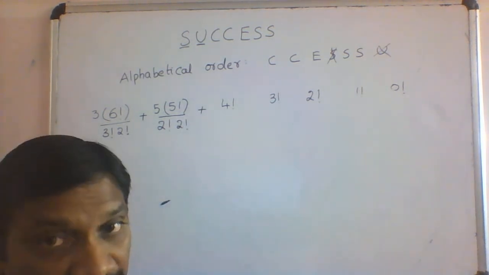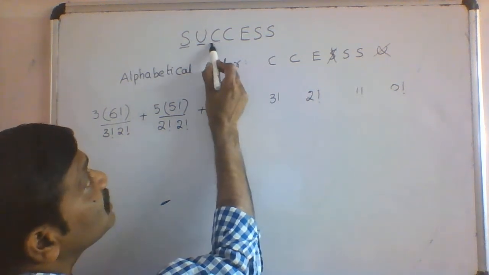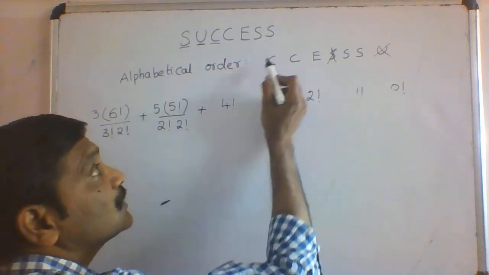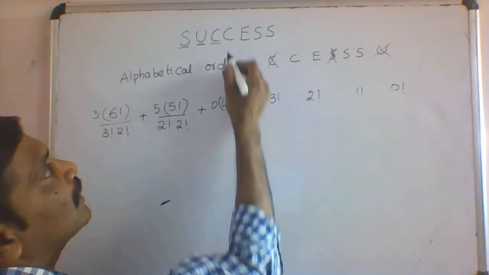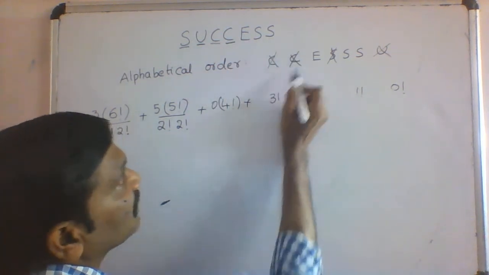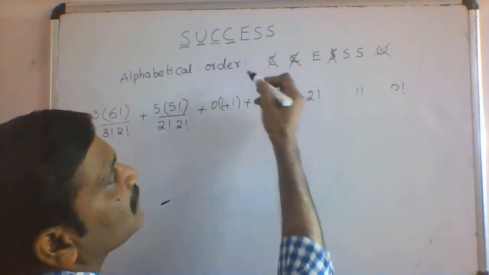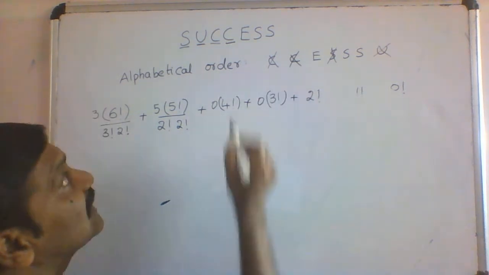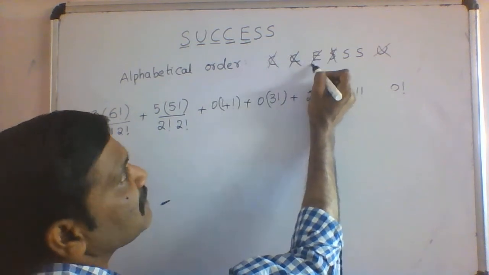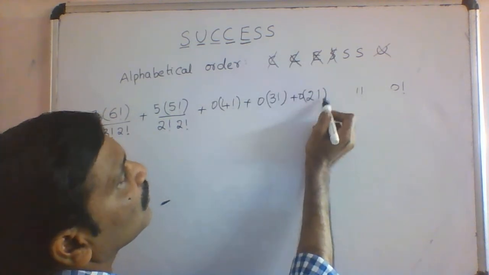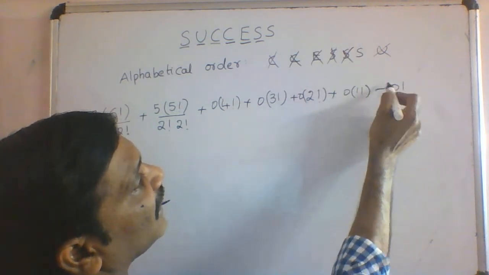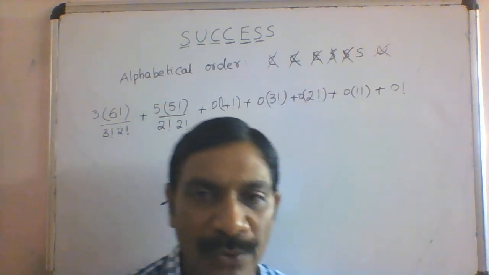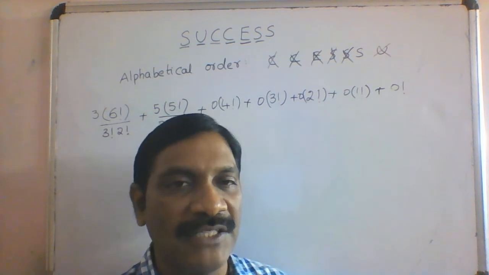Next, plus the next required letter is C. Before that none, so 0. Next required letter C again, before that no letter, so 0, plus the next required letter is E, struck off, no letter, 0. Next is S, 0. And for the last 0 factorial, you always keep it as 1.